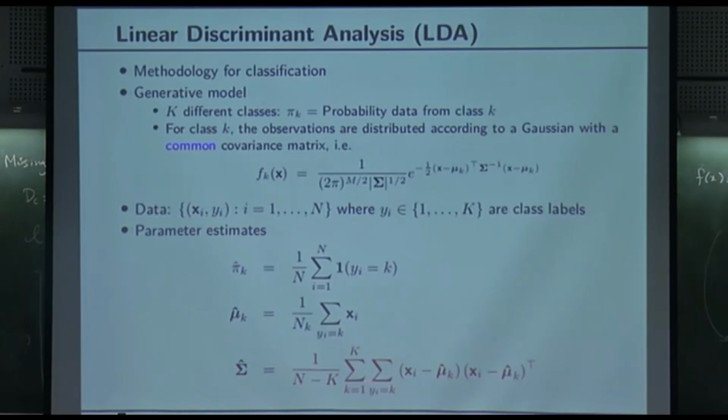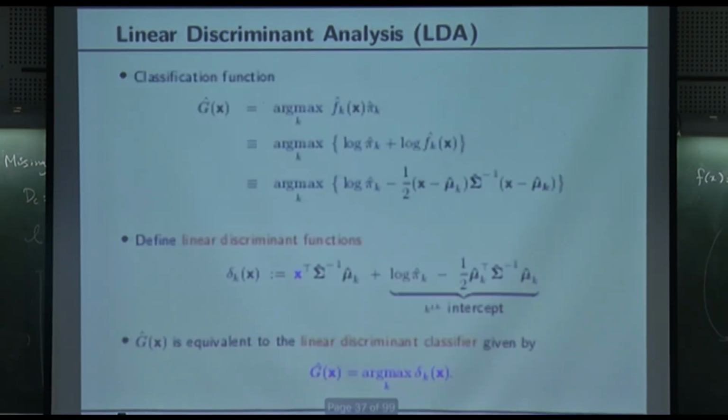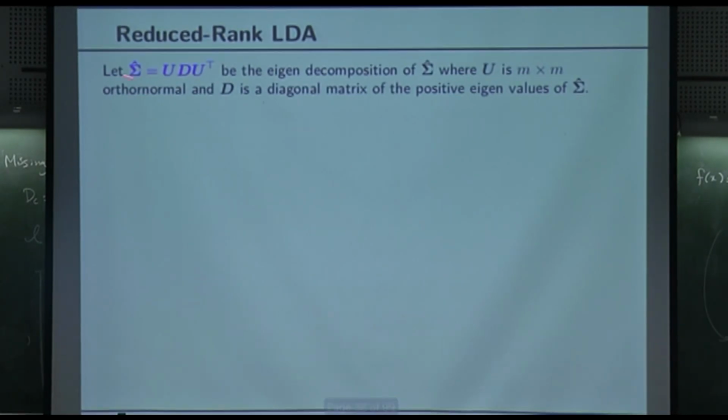Now, let's remember this sigma matrix. It has been generated from data, so it's possible that it is very noisy, that it has some very small eigenvalues that I should not believe have information. I should get rid of them. So let sigma hat, which is U D U transpose, be the eigen decomposition, where U is orthonormal and D is a diagonal matrix with the positive eigenvalues of sigma hat.